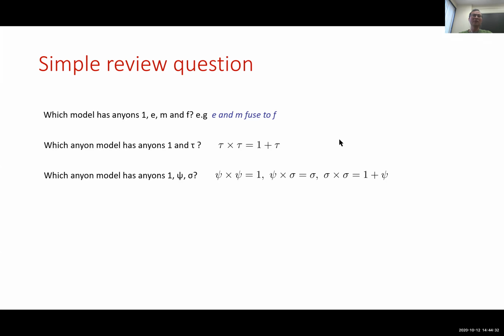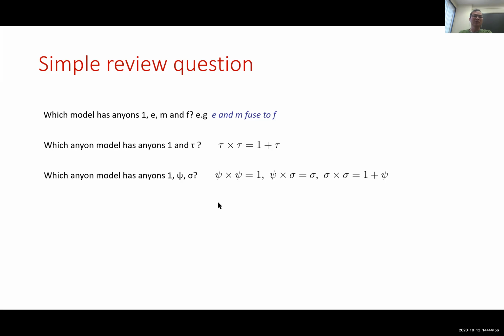Which anyon model is this? Yeah, Fibonacci. Yes, this is the Fibonacci, because as you can see, the dimension follows the Fibonacci series.